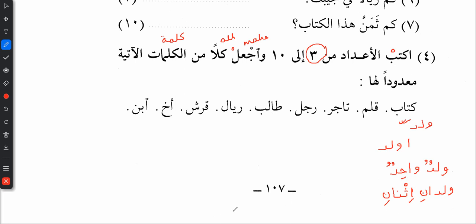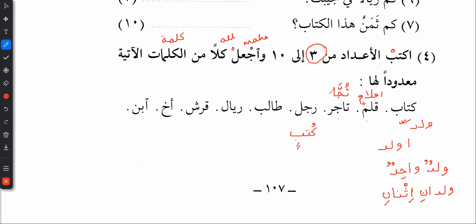And with number 3, kitabin, if you're going to make it into madud, now from 3 to 10 the nakira idafa rule applies. So what is your madud? Kitab, make it plural. Kutubin. Then check the gender of the madud, and then write the number. Qalam, aqlam. Tajir, tujjarin.